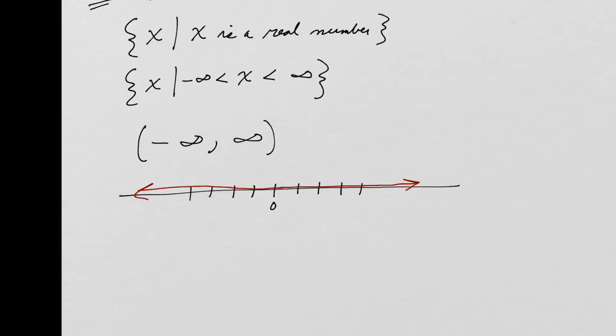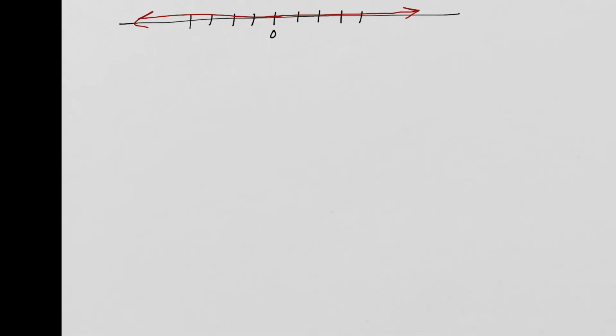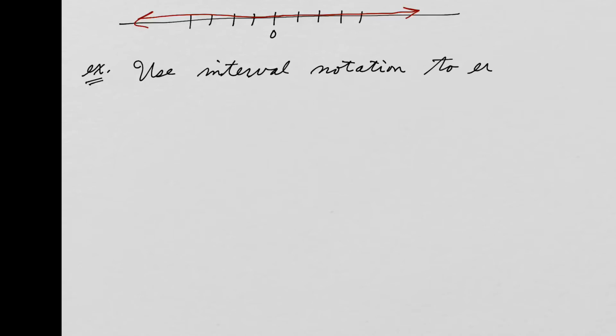Okay, what if I want to exclude a single value? So let's say I want to use interval notation to express all real numbers except, say, negative 2.